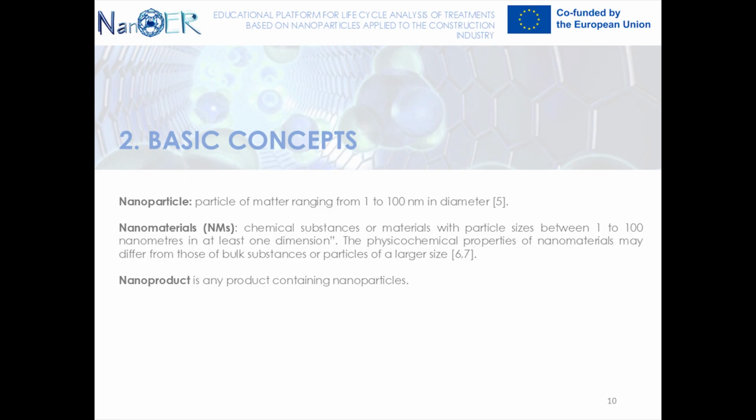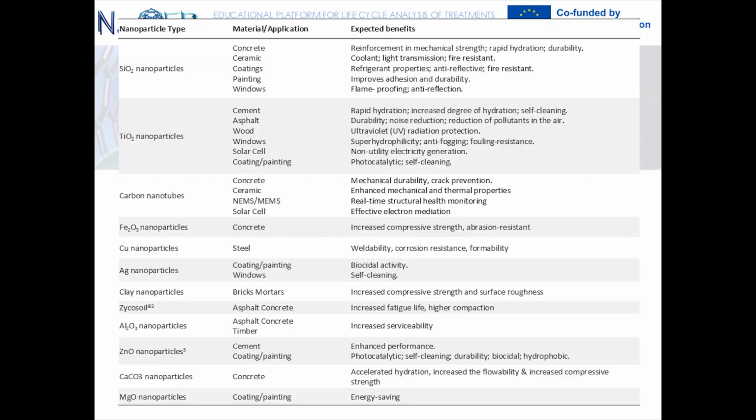Following, nanoparticles containing materials used in the construction industry have been identified, defining its properties and applications in the sector. Here we can look at the main applications of the most frequently used nanoparticulate products in the construction sector and the benefits they bring to them.